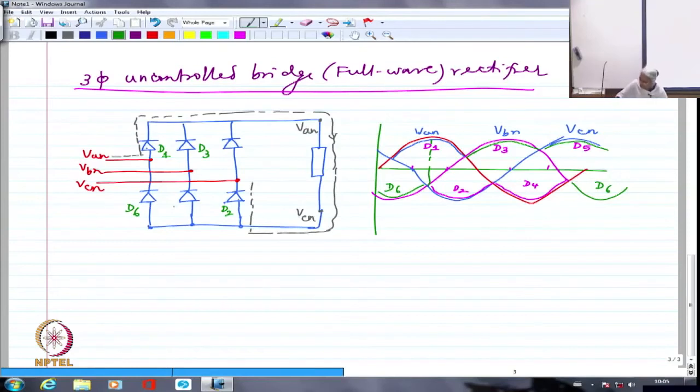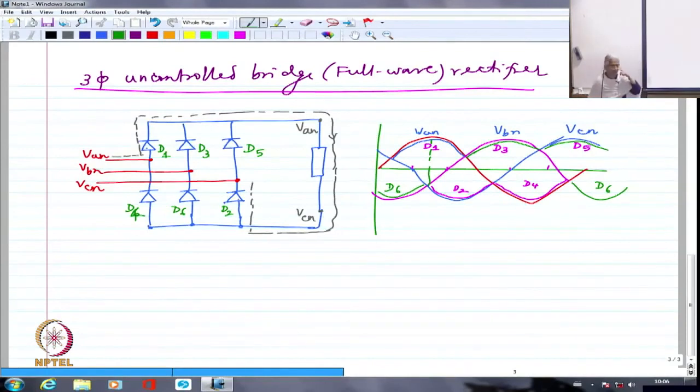So please note that I have written 1, 3, 5 for the positive legs, odd numbers, and 4, 6, 2 for the negative devices, which are even numbers, and they have been numbered in the same sequence of conduction as they will take over when they are diodes.